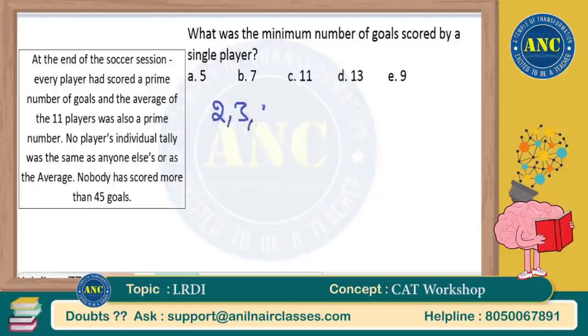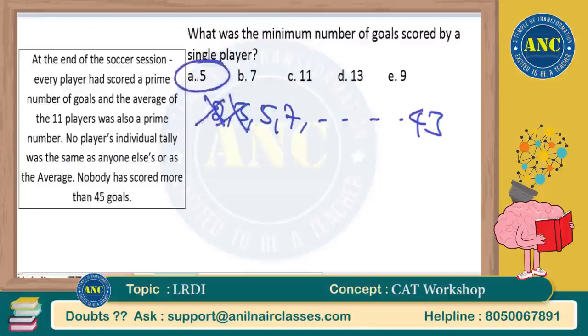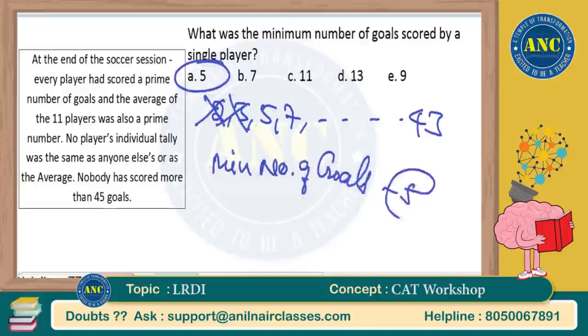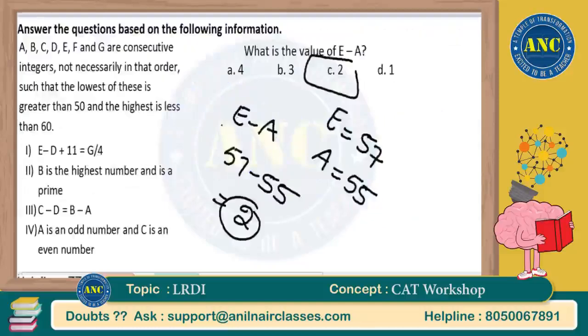Already we discussed 2, 3, 5, 7 and so on up to 43. 2 is not possible, 3 is not possible. What will be the answer? 5. Answer is 5. I hope it is clear. Very easy question. Once you get out of 14, 3 are eliminated, remaining 11. If you get it, then all these questions are sitters.